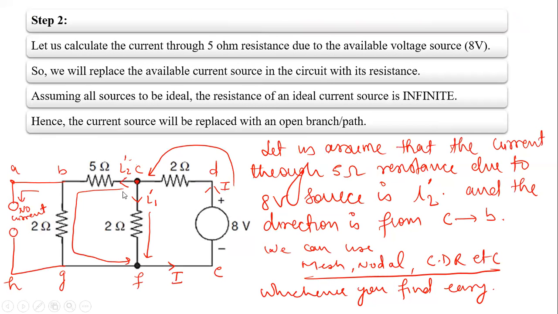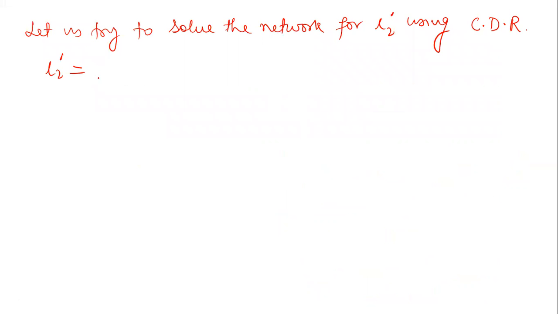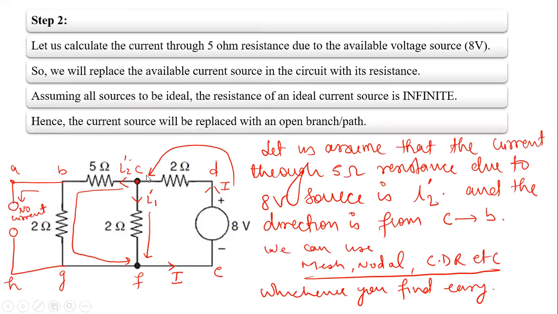I2 dash is basically the part of this current I, which is coming from this 8-volt source to junction C, and this can be written as I, the main current, into the resistance of the opposite branches.